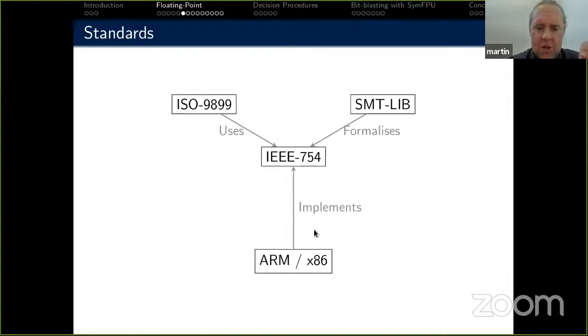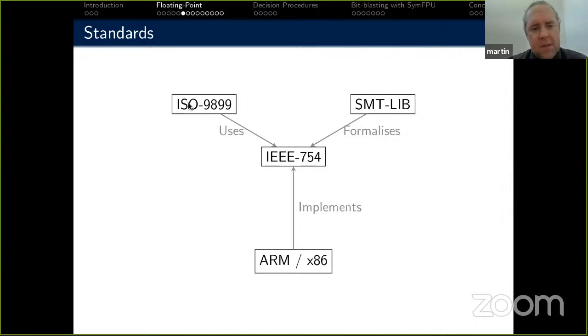The relation is that most modern hardware, certainly at the large scale things you work on, implements IEEE 754. So ARM does, x86, Spark, Power, MIPS, all of the main CPU architectures.